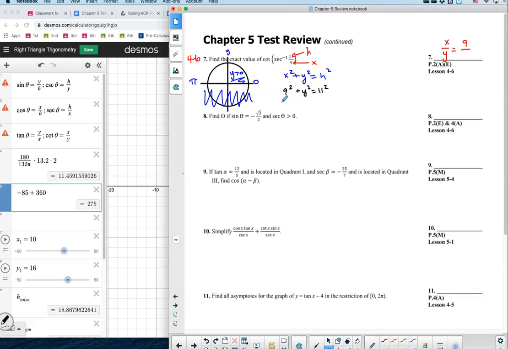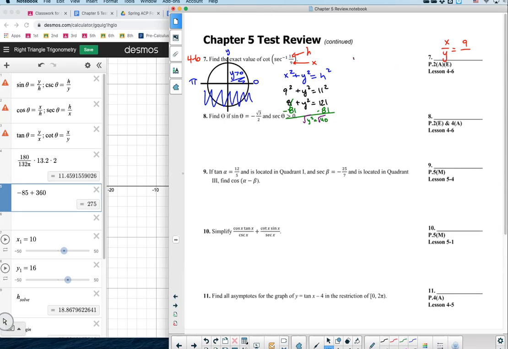For the sake of time, I'll just tell you, 9 squared is 81. 11 squared is 121. So we subtract our 81s, and it looks like y squared is going to be equal to 40. Okay, and so let's simplify that. Now, normally when we add a square root, I need to add a plus or minus, but we know it's got to be positive.